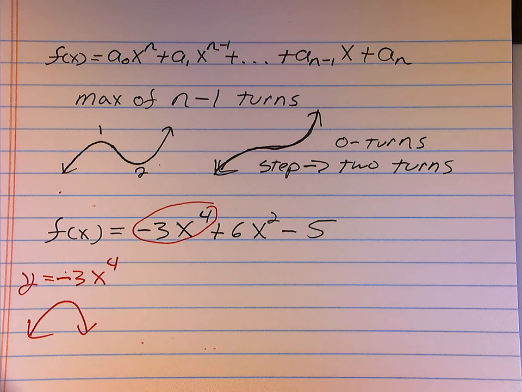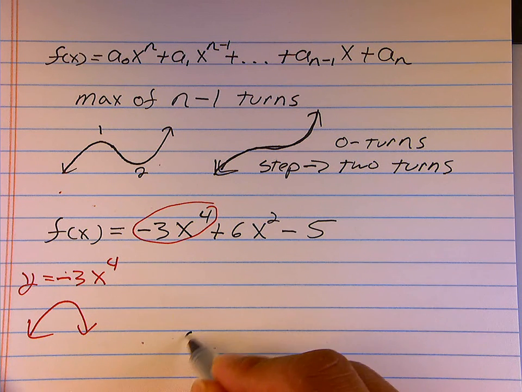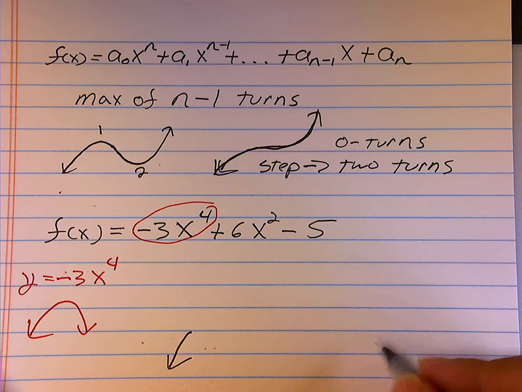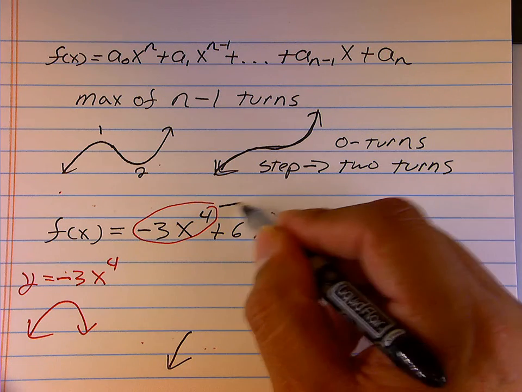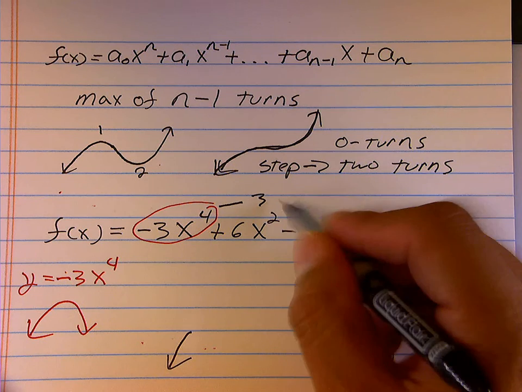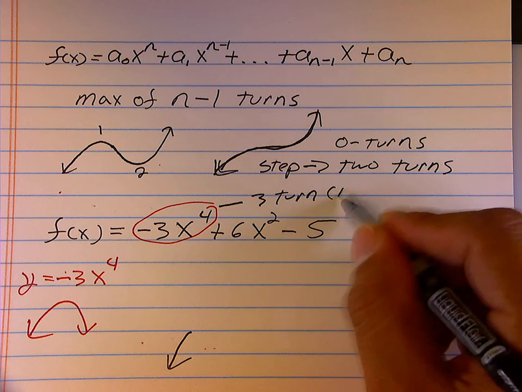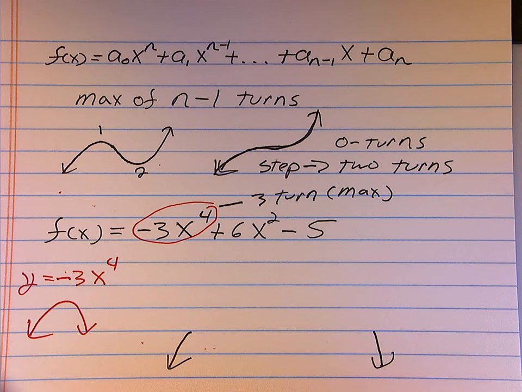So now I know that the graph of my function on the left of f of x is going to be going down, and on the right of f of x it's also going to be going down, just like the power function, negative 3x to the 4th. However, f of x is not a power function, it's a polynomial function. It could have up to a total of 3 turns, and that's a maximum amount.